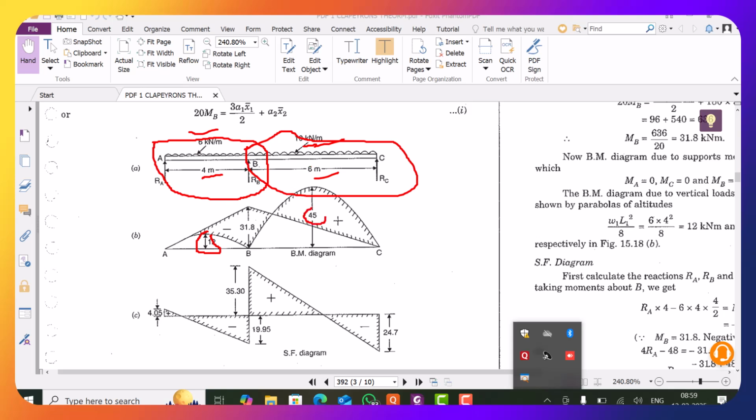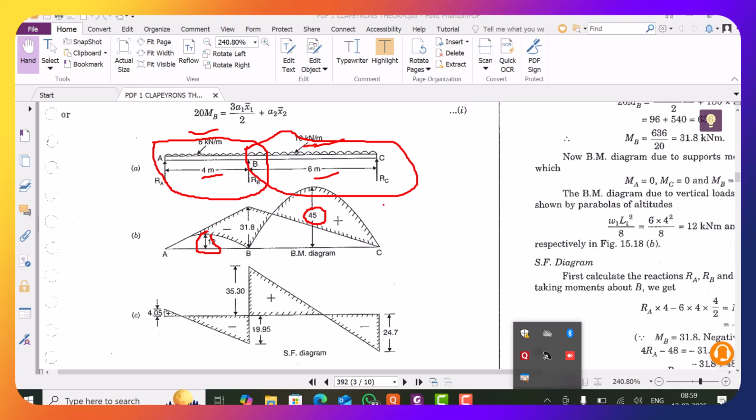It comes to 45 kilonewton meter. So first of all, you calculate the simply supported bending moment diagram, or the maximum bending moment value, for the spans given in this figure.